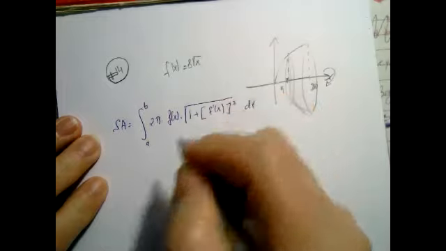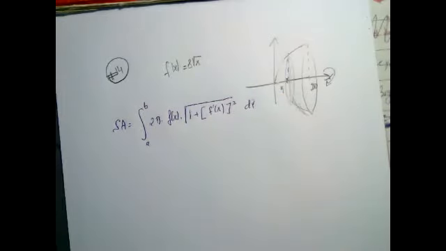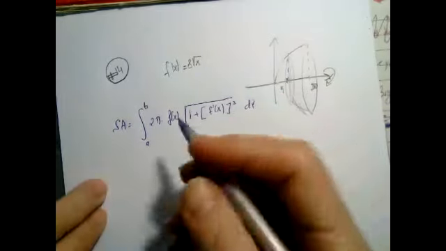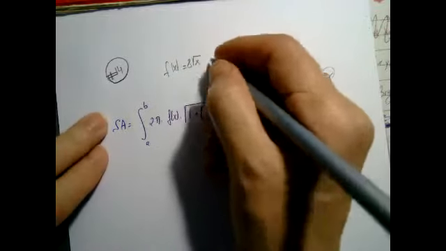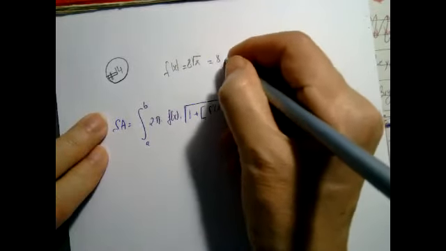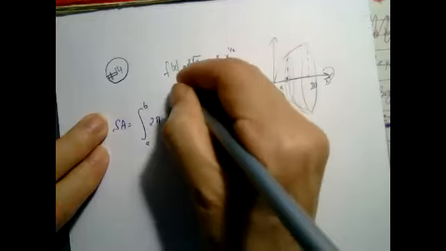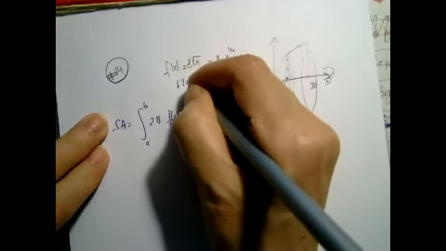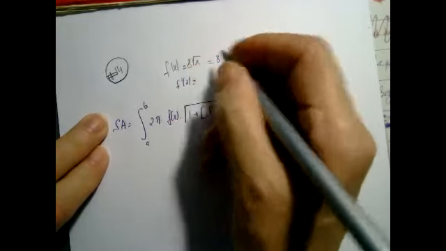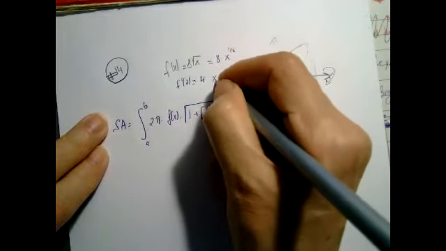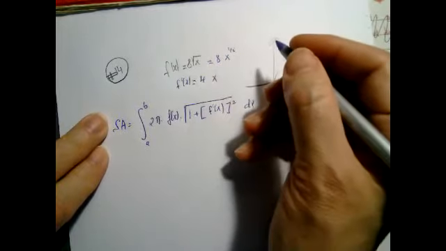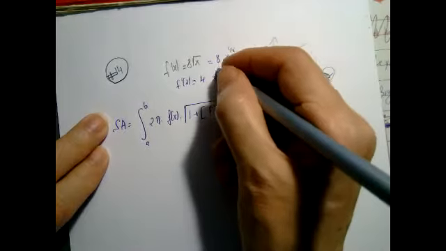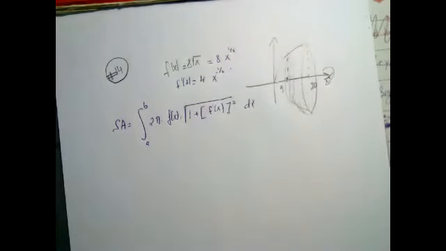So first we have to find f prime. This is f of x, 8 times x to the power a half. So the derivative equals 8 times a half, which is 4, x to the power a half minus 1. A half minus 1 means minus a half.